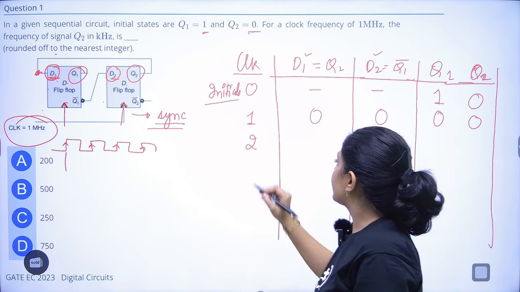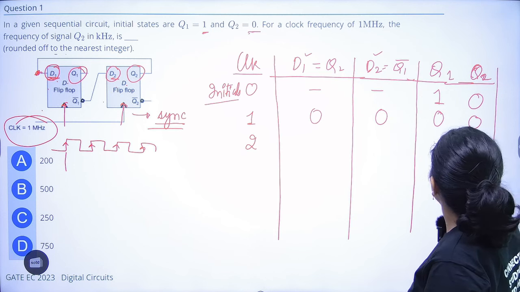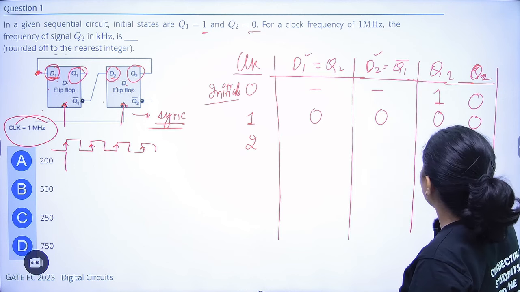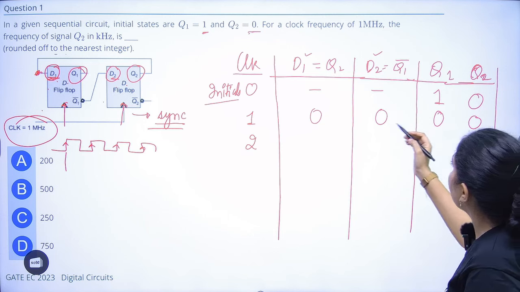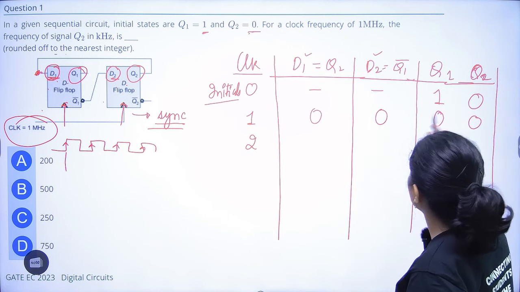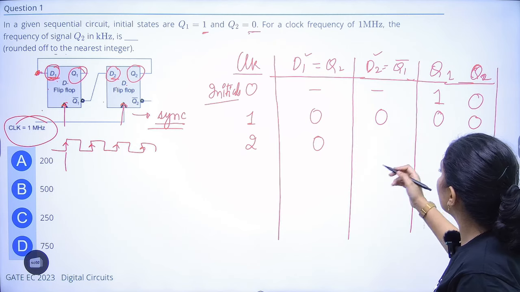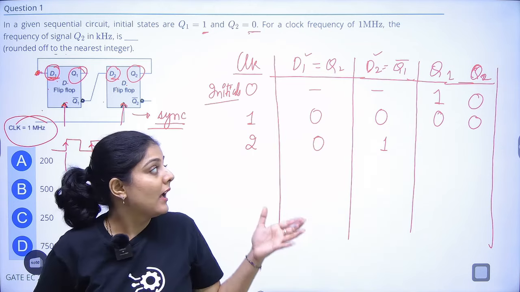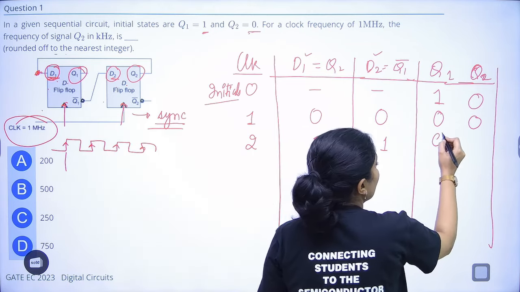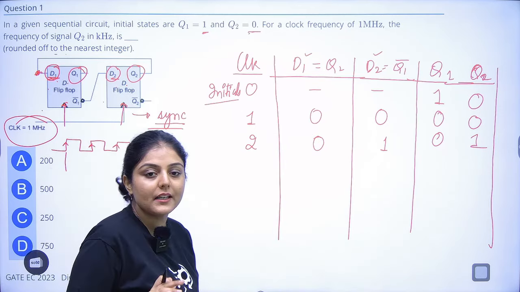What happens on the next clock pulse? The input values depend on the previous outputs. So D1 is equal to Q2, and D2 is Q1 complement. Q1 was 0, so its complement will become 1. And the output will be the same. The D table is very easy.